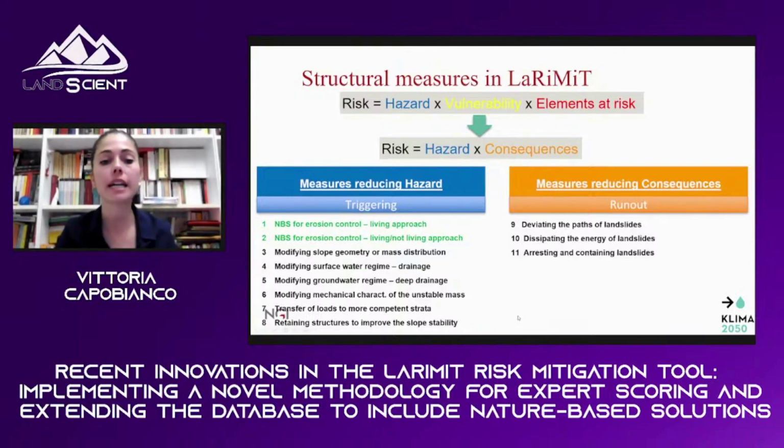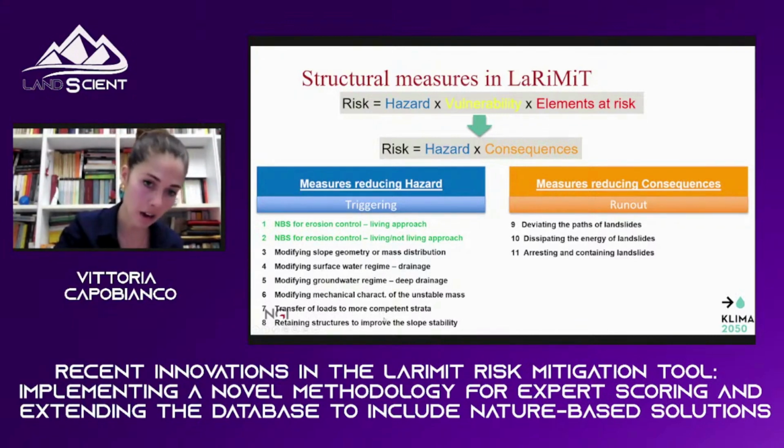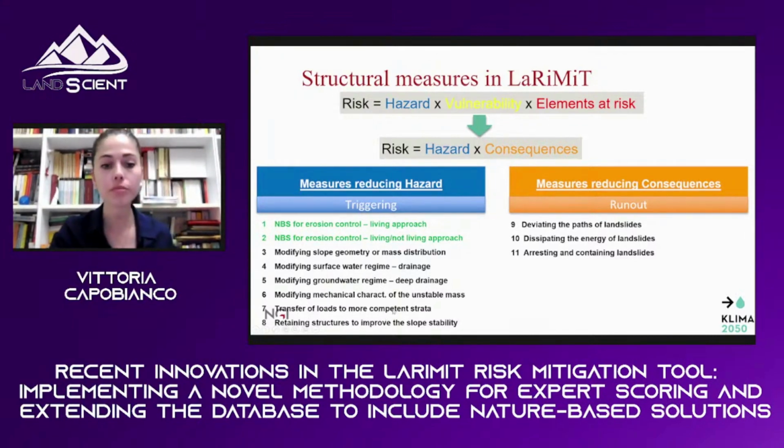The others are categories which basically group all the mitigation measures that are addressing the specific physical process of a landslide. So, for example, we see category 3 groups all the mitigation measures that are aimed at modifying the slope geometry, or we have some mitigation measures that are aimed at modifying the surface or the groundwater regime, or those aimed at modifying the mechanical characteristics, and so on.